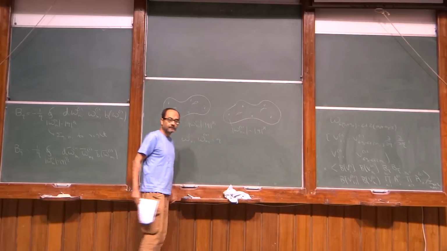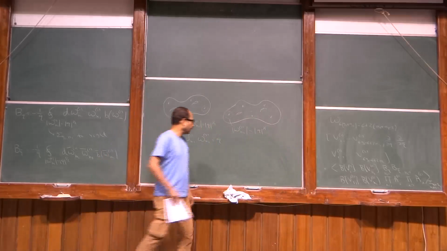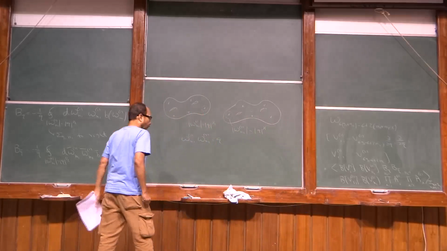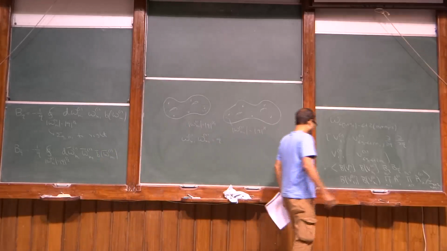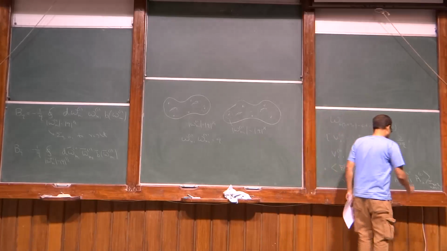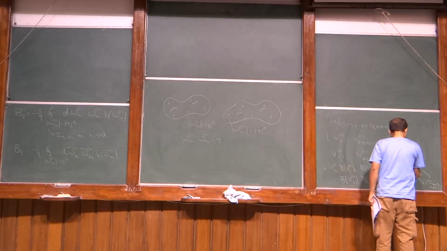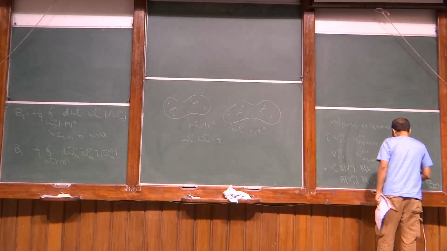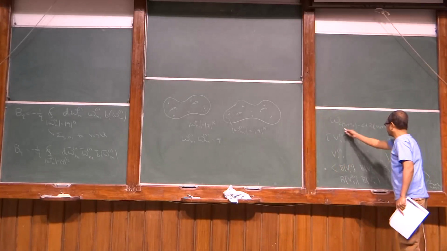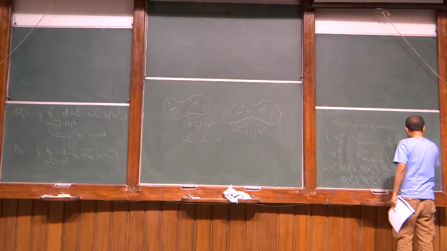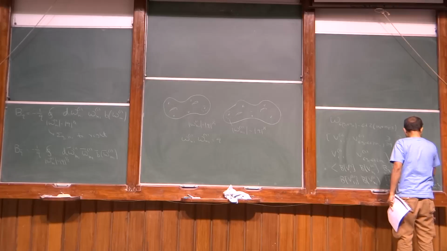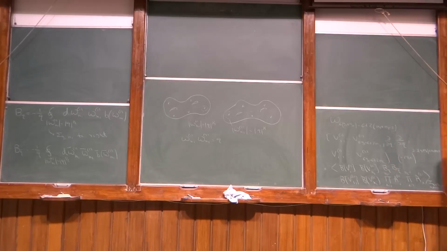So what about the normalization? Oh, normalization, here you are right. So normalization here will be, let me write, (-2πi) to the power, the corresponding normalization for this, which is 3 minus 3(g1+g2) plus n1 plus n2 minus 2.